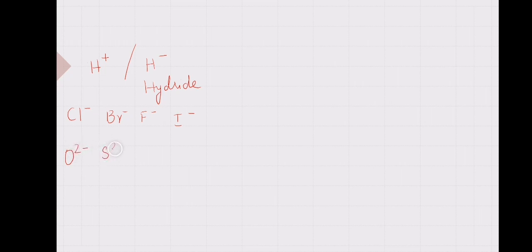Sulfide is S2 minus. Then we have nitride, N3 minus. Phosphide, P3 minus. Hope you understood till this. These are the ions of non-metallic elements. These are all non-metals: hydrogen, chlorine, bromine, fluorine, iodine, oxygen, sulfur, nitrogen, phosphorus.